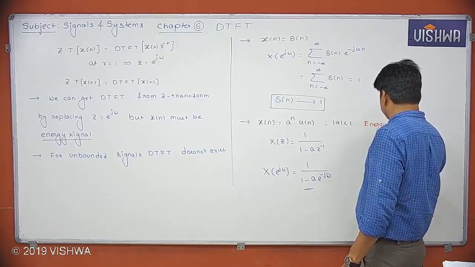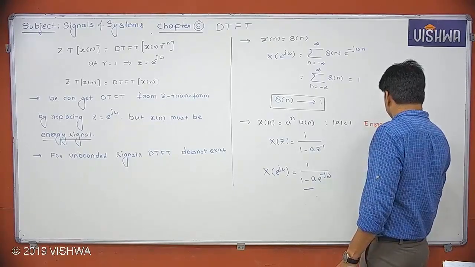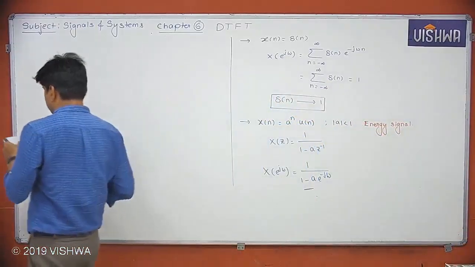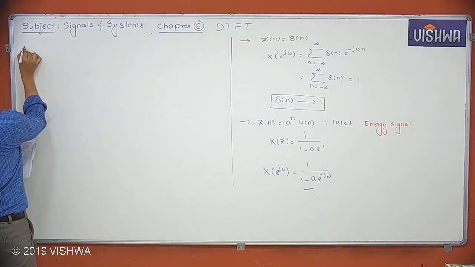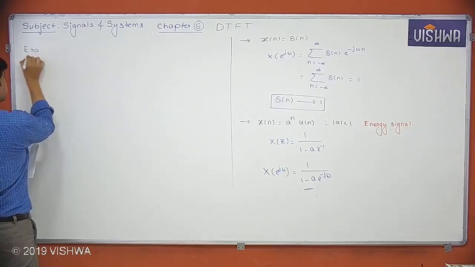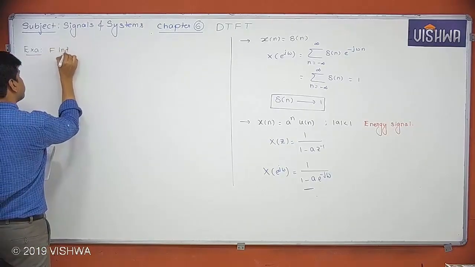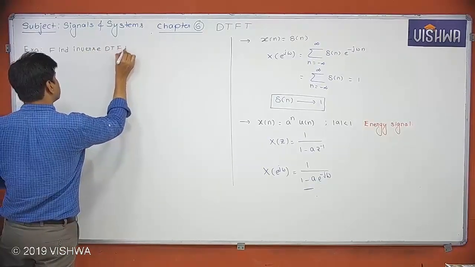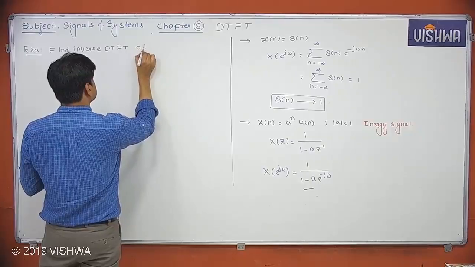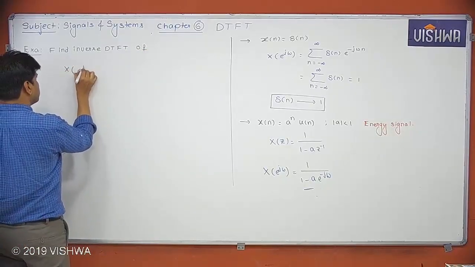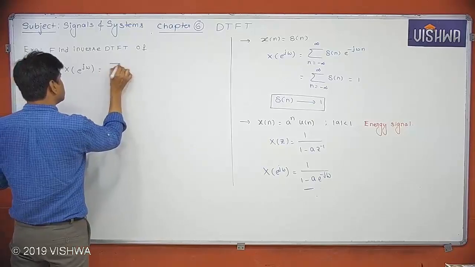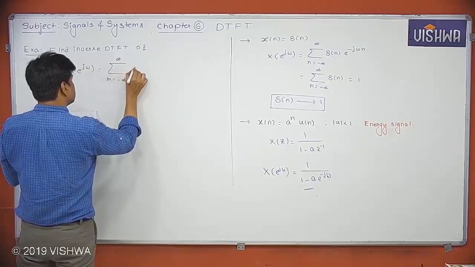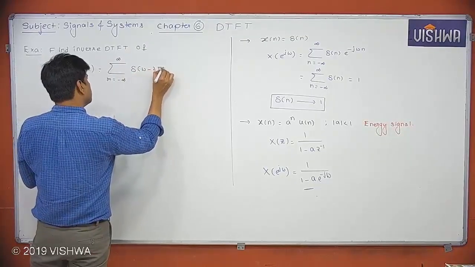Decaying exponential. Find the inverse DTFT of x of e power j omega is equal to summation m is equal to minus infinity to infinity delta of omega minus 2 pi m.